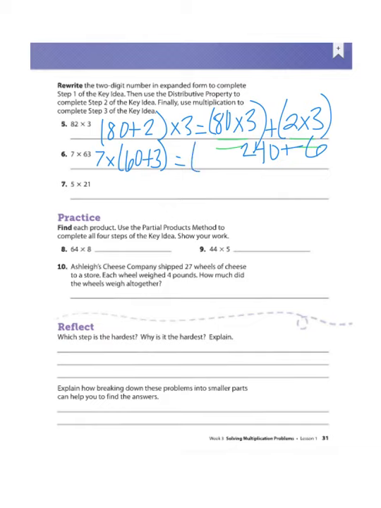That's going to equal 60 times 7, close parentheses, plus 7 times 3, close parentheses. And now that's step 3, you are going to solve 60 times 7 and 7 times 3. So then that would be 420 plus 21.